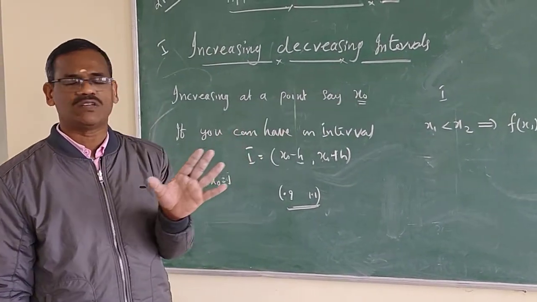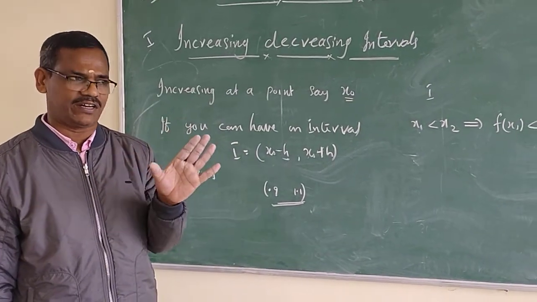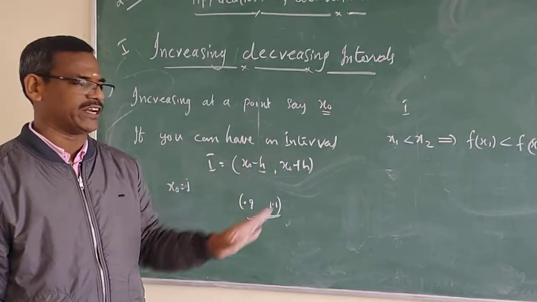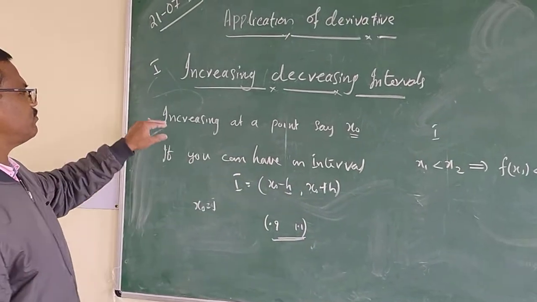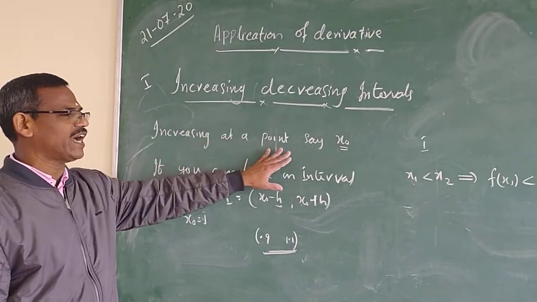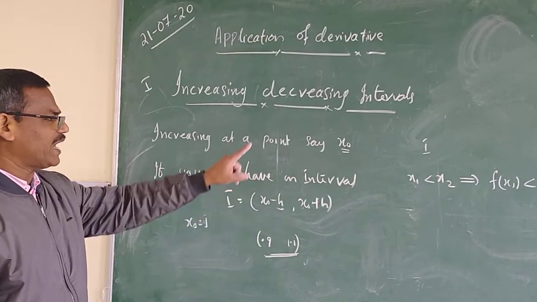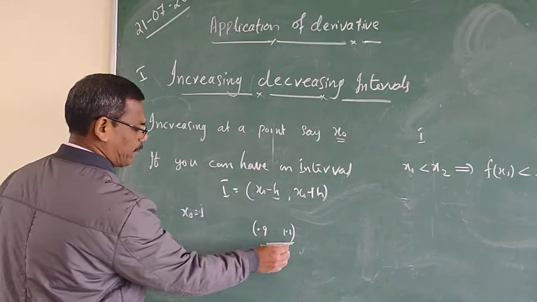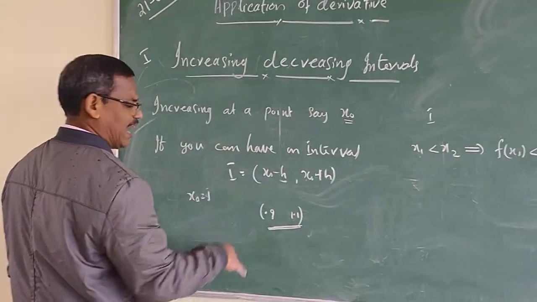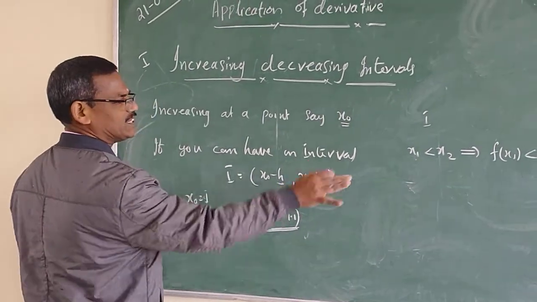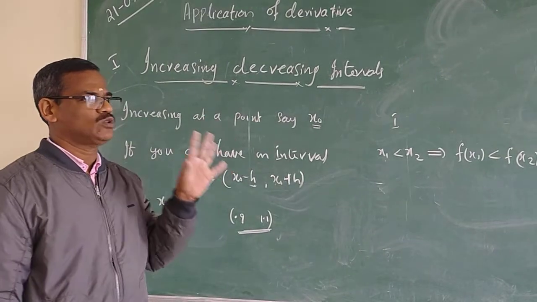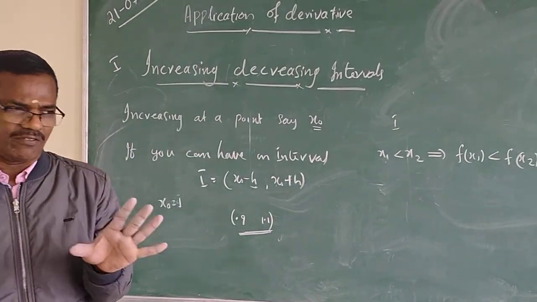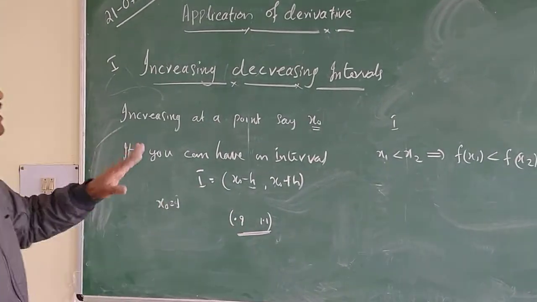So the first definition was increasing on an interval. That definition is over. Now from that definition we come to the definition of increasing at a point. If you can create an open interval like this around that point, and in that open interval the function is increasing, we can say that it is increasing at that point. So first it is increasing in an interval, and then it becomes increasing at a point.